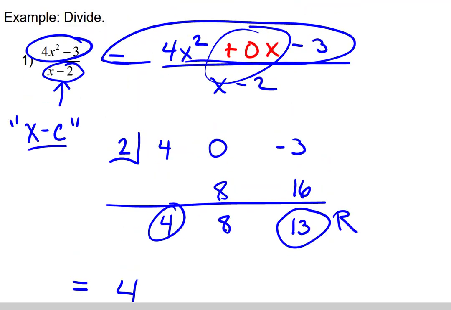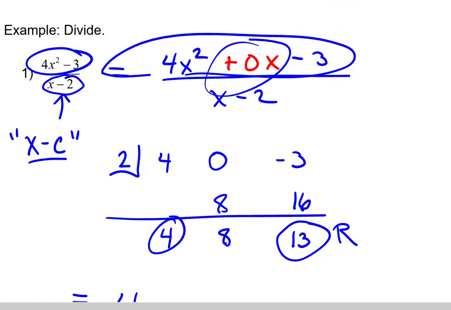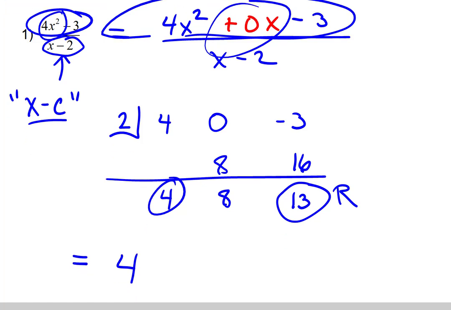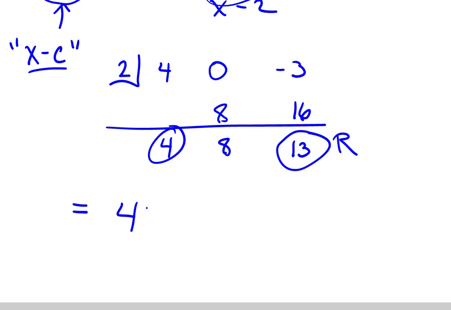And then we go back and find the degree of the original numerator, which was 4x squared. Our result is always 1 degree less than that. So if it was squared, that means the degree of our result is going to be a single x. And then we go in descending order following the remaining numbers we have for any coefficients.